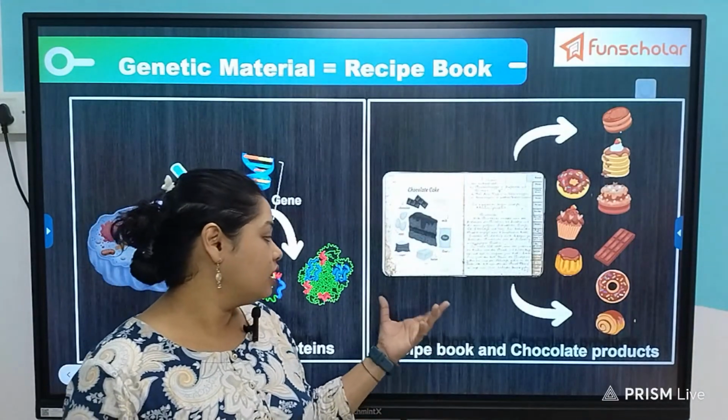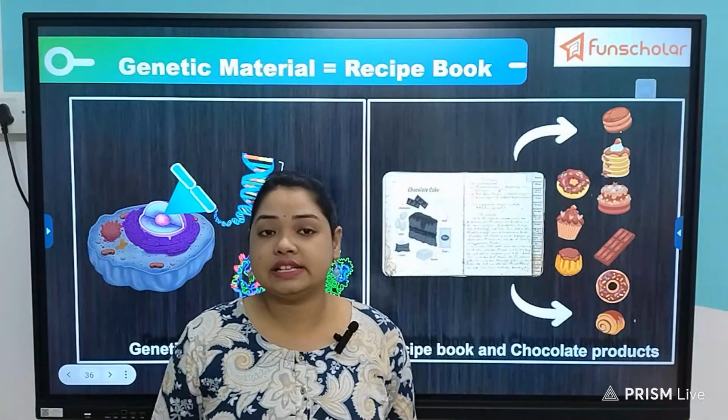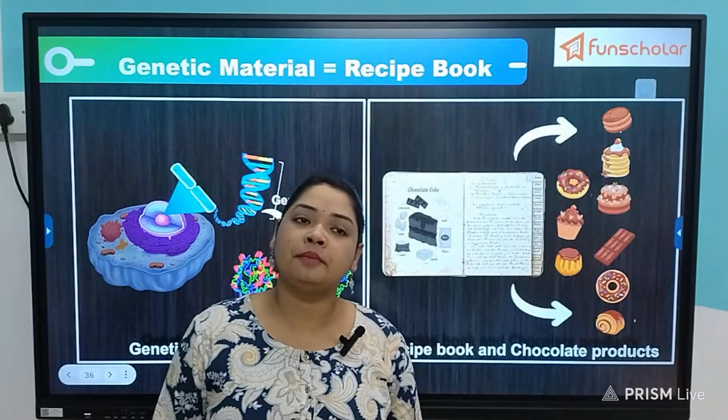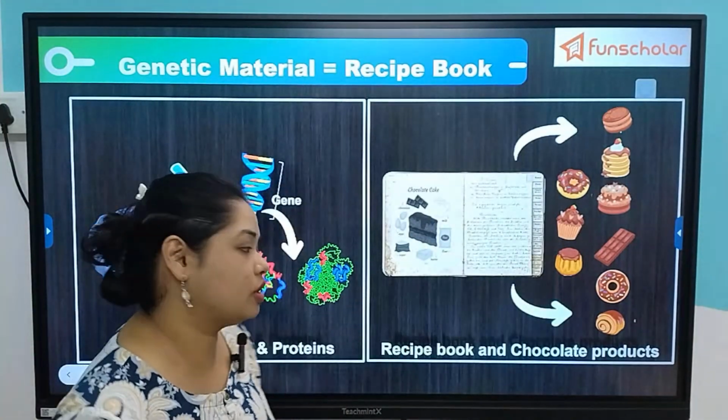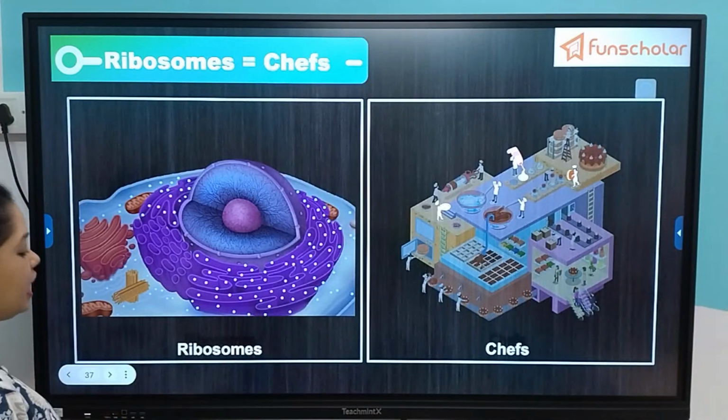Similar to the recipe book, which dictates what will be the recipe, what will be the ingredients, and what will be the process of making the chocolate. Now coming to the ribosomes.